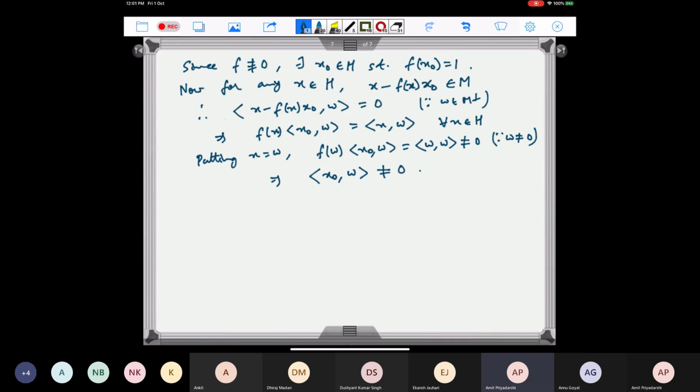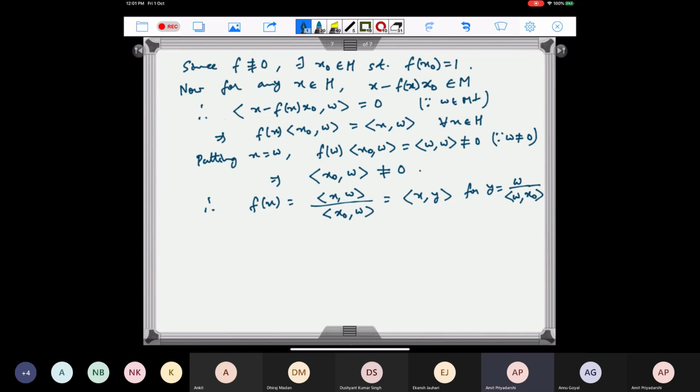So now from here, because this is non-zero, therefore f x can be written as the inner product of x w divided by inner product of x naught with w, and this is same as x inner product with y for y equal to w by w inner product with x naught.